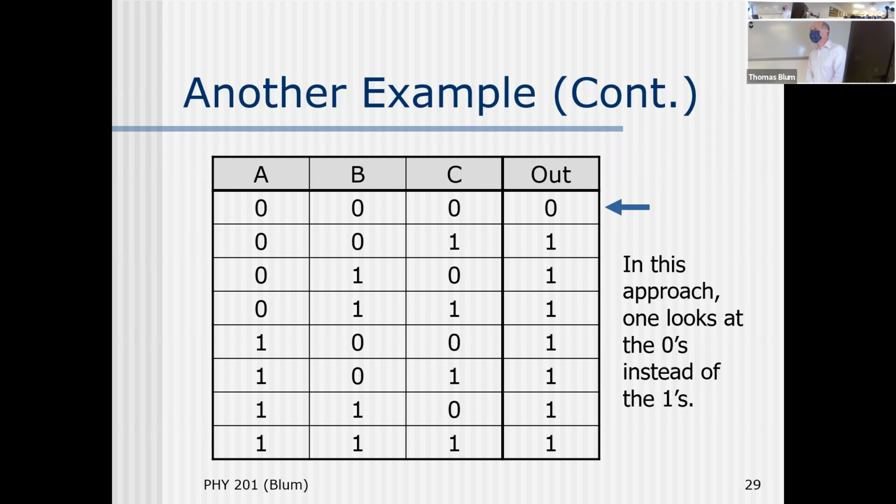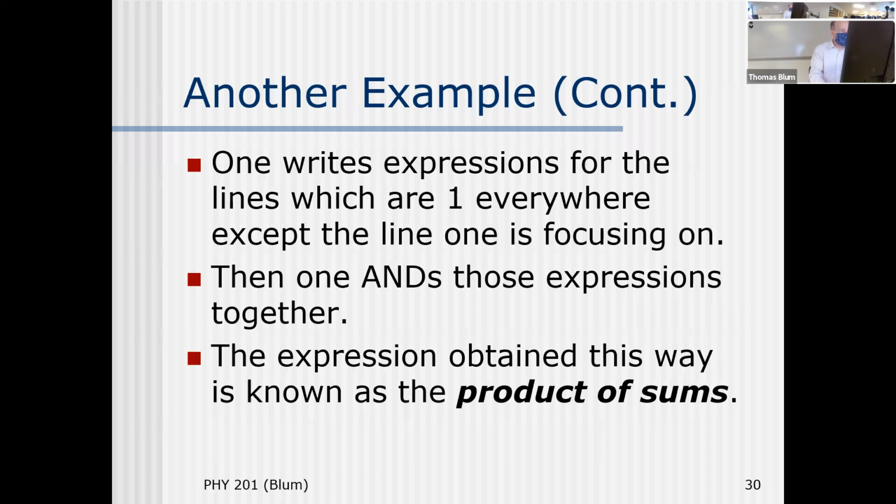So we're going to learn a new technique which focuses on the zeros instead of the ones. So we know that this was A plus B plus C, A or B or C, a 3-input OR gate. And that would give me a 0 in this row and a 1 everywhere else. And then we're going to build up on that.